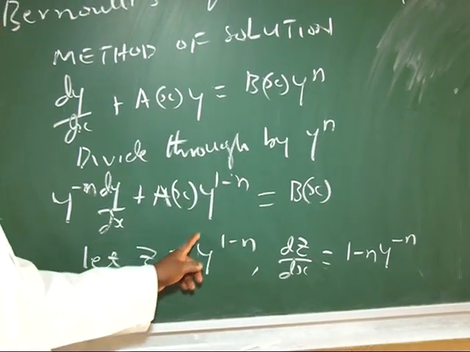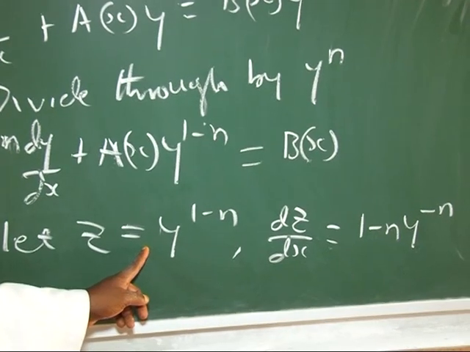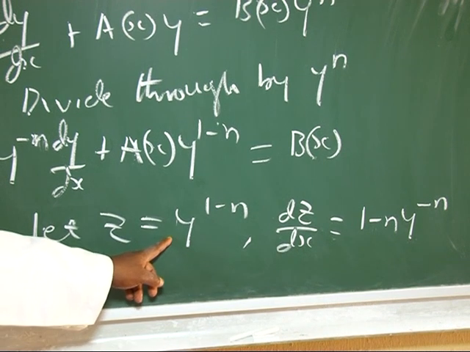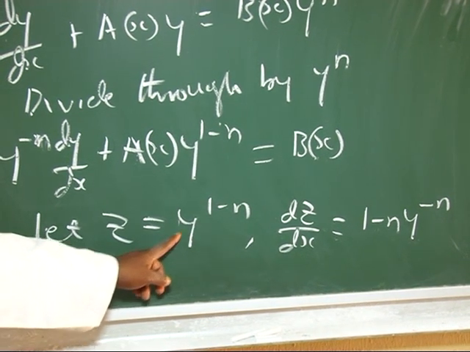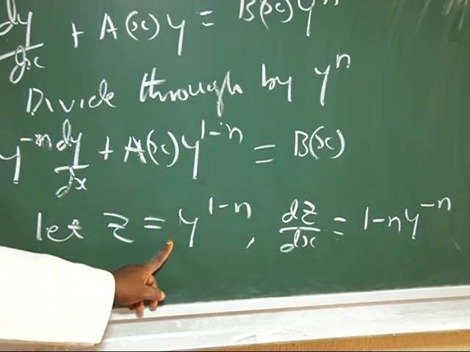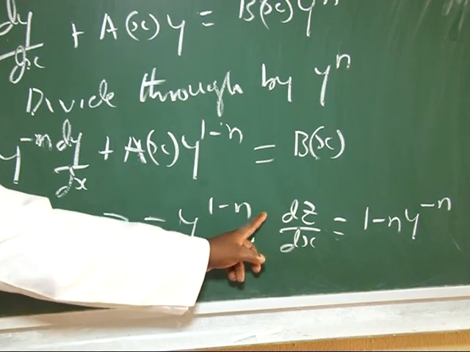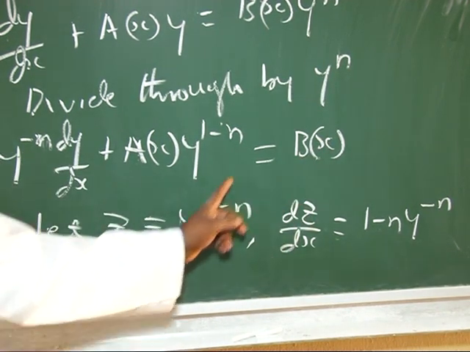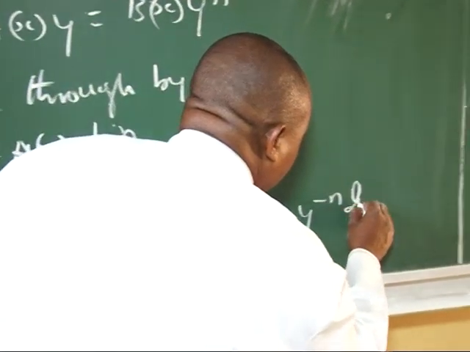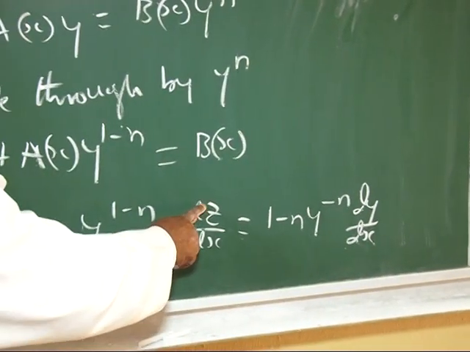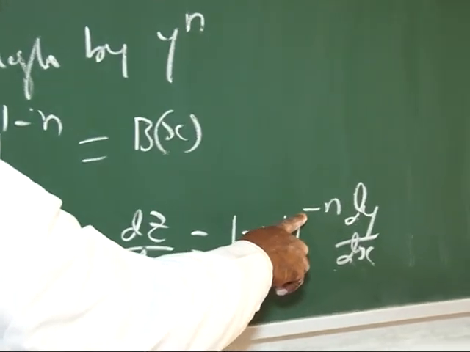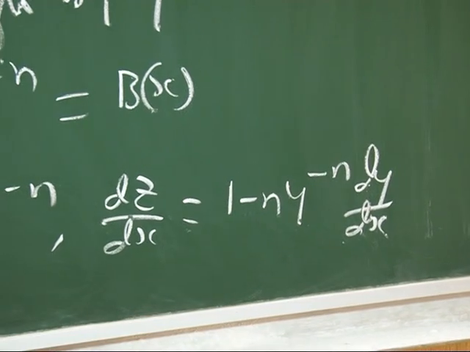Because if I differentiate this, according to the formula in differentiation, I use this power times the coefficient, and I will subtract 1 from the power. So if I have 1 minus 1, this will go. So it remains minus n. That is how I have here dy/dx. So dz/dx is equal to 1 minus n, y raised to minus n, dy/dx.